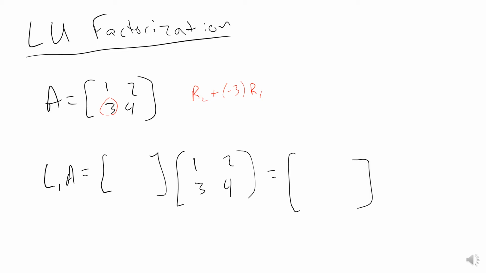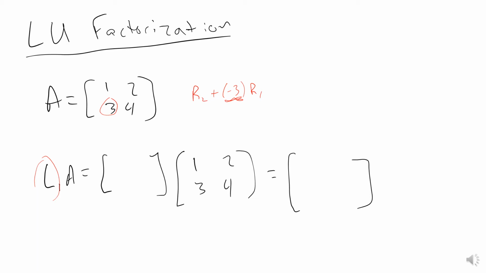Okay, now this matrix L1 is going to accomplish the same thing that your typical row reduction does that you learned in linear algebra. Let me show you what L1 would look like. This -3 here tells us exactly what L1 needs to look like.